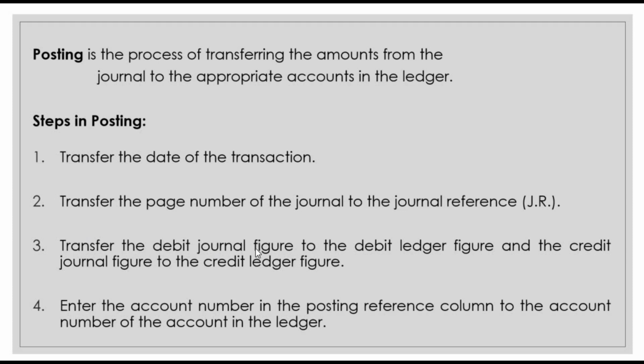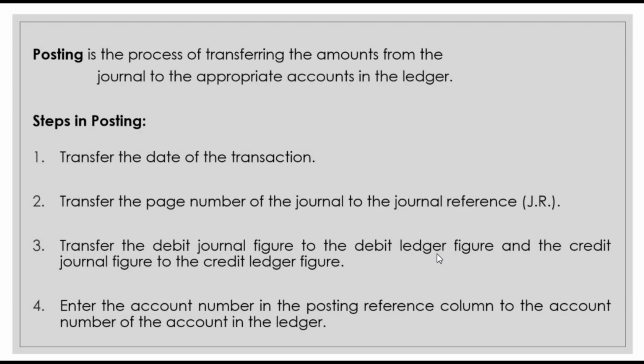Third, transfer the debit journal figure to the debit ledger figure. Meaning, when it is a debit in your journal, you just have to transfer that amount in a particular account under the debit column.